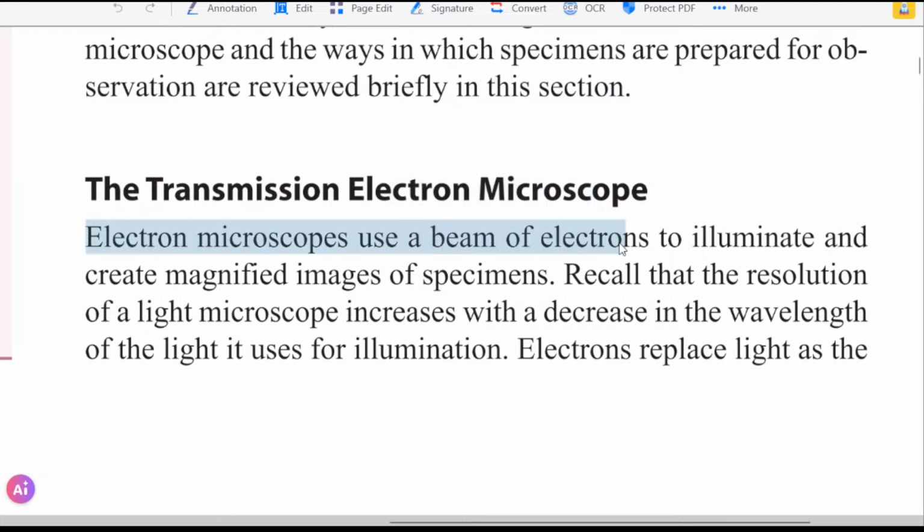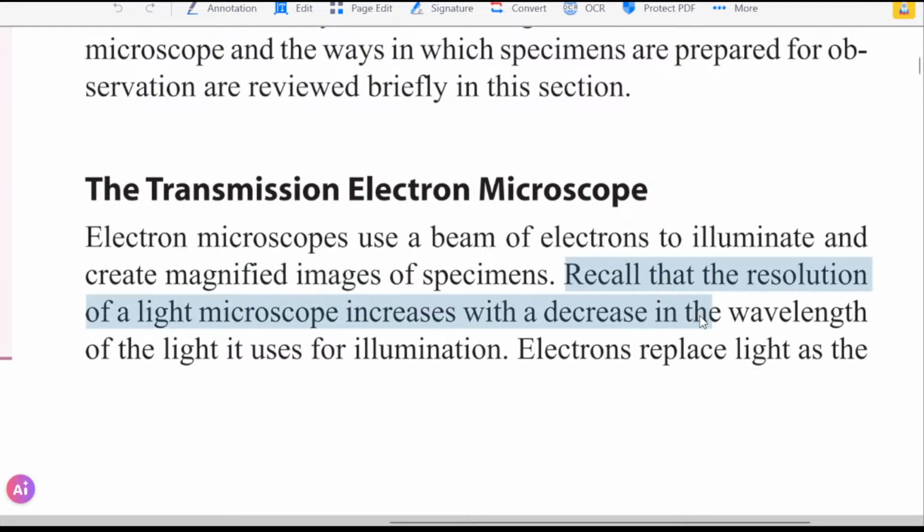Electron microscopes use a beam of electrons to illuminate and create a magnified image of specimens. Recall that the resolution of the light microscope increases with a decrease in wavelength. The smaller the wavelength, the higher the resolution.